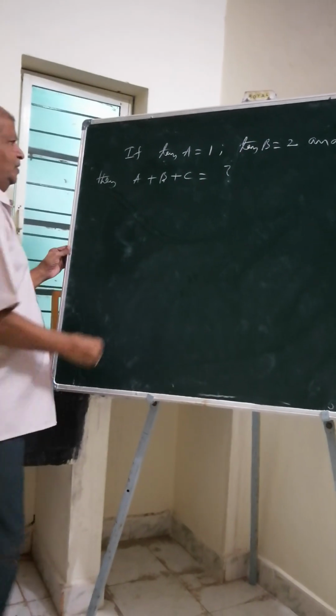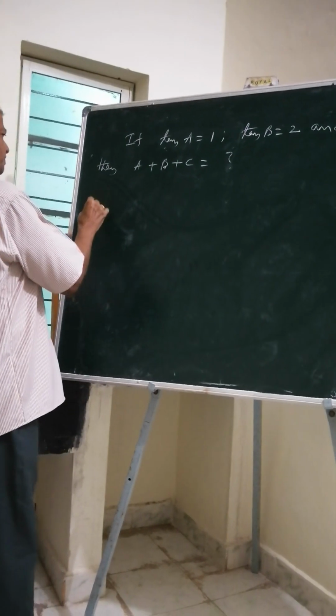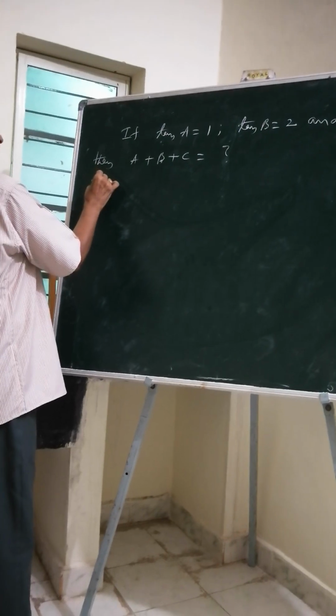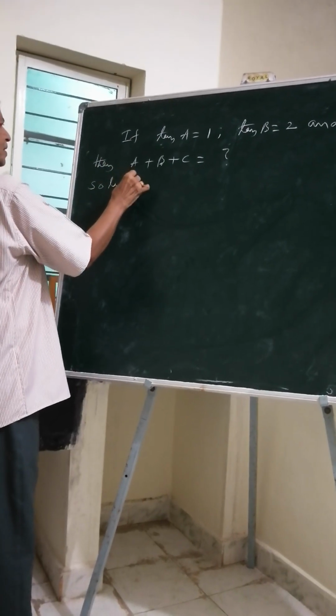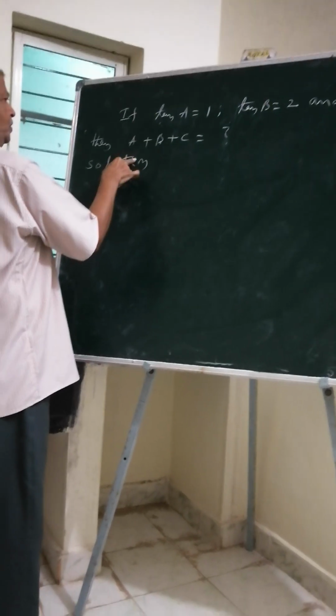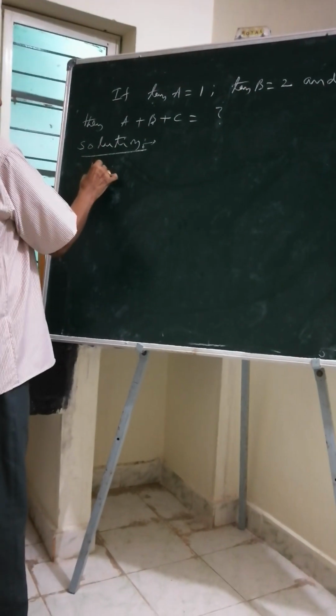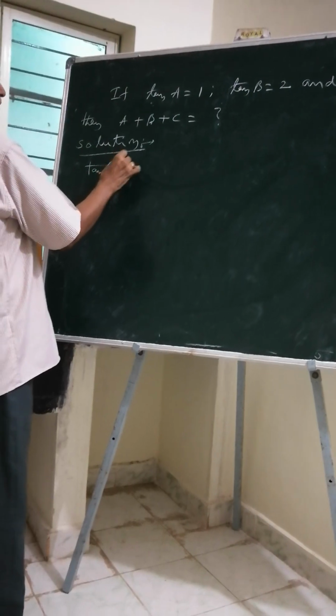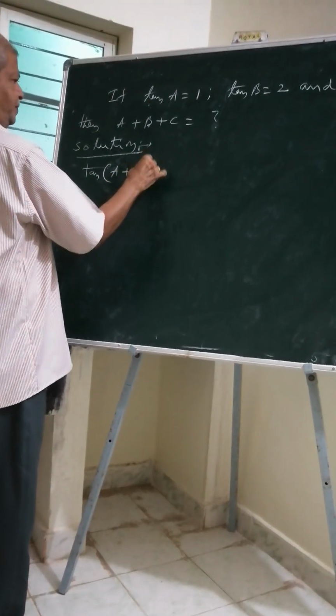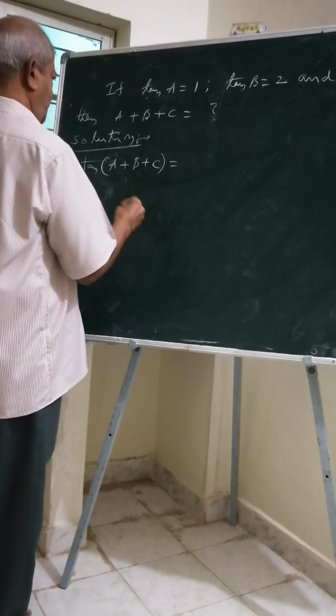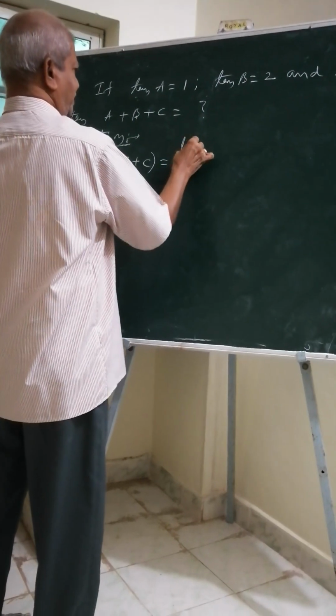Okay. So here solution is like this. Solution. Take tan of A plus B plus C. Direct formula. What is that?